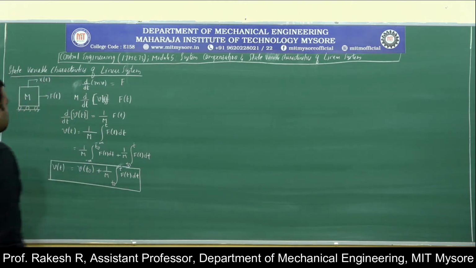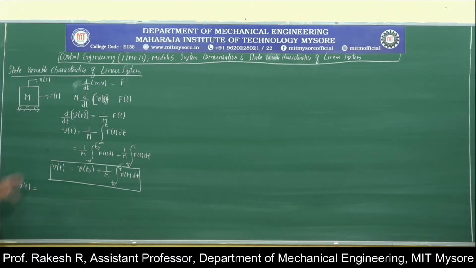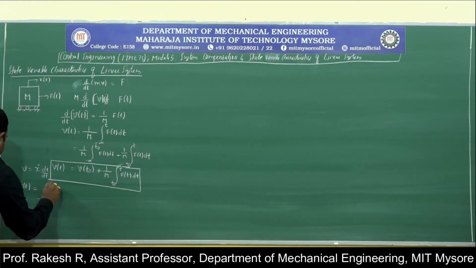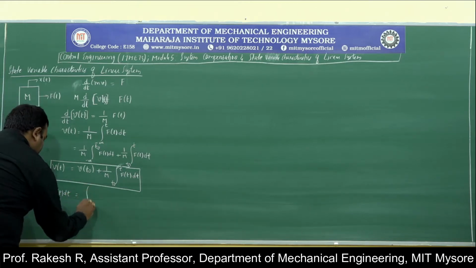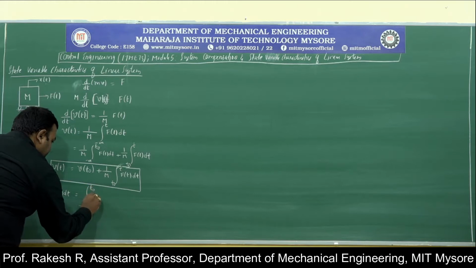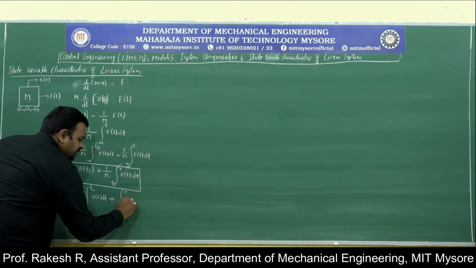Let us try to write the same expression for the displacement. Displacement is given by x of t. Velocity is equal to x dot, which is dx by dt. If I want displacement, I need to integrate the velocity. So directly I will write the integral from minus infinity to t of v of t dt. Then again I will split the integral: minus infinity to t naught of v of t dt, plus t naught to t of v of t dt.